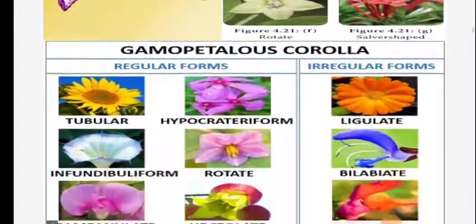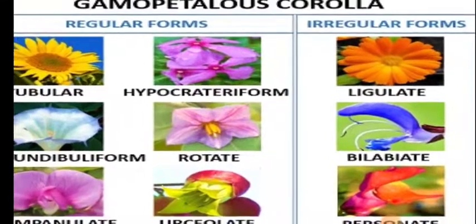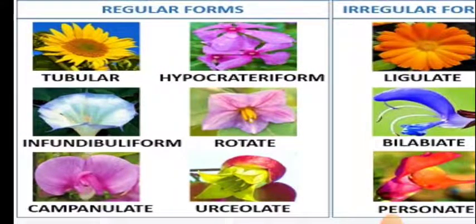Then in gamopetalous condition, the regular forms, as already we are observing in the sunflower, disc florets are there. Then hypocrateriform, in this second example, hypocrateriform, that is in Marathi sadapuli, vinca rosea or catharanthus. Infundibuliform, it is a good example of datura. Then rotate in the solanum xanthocarpum.